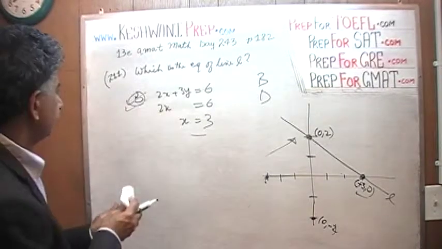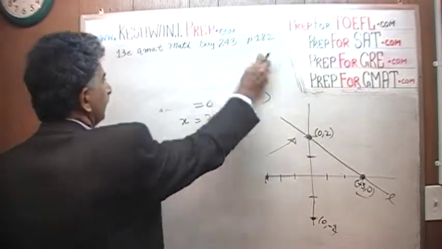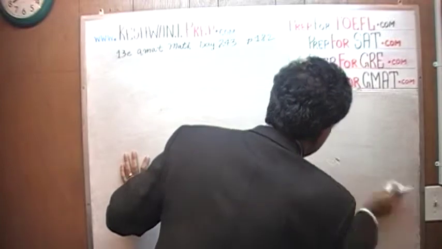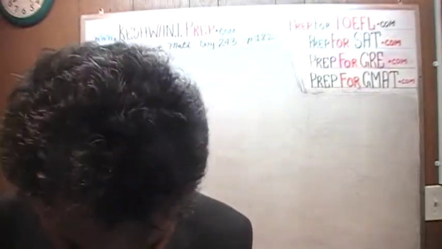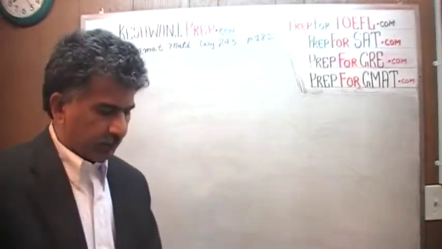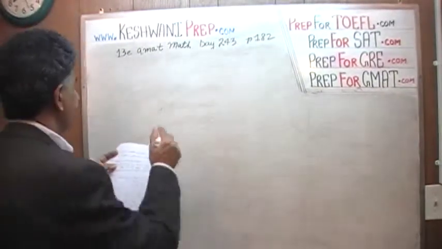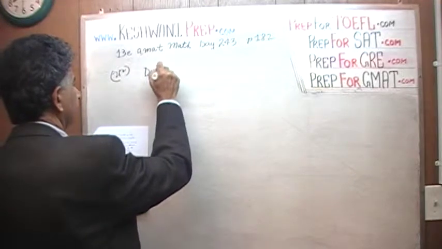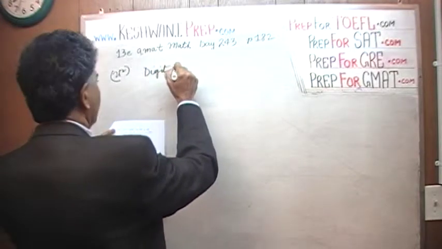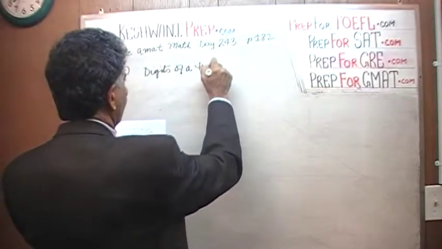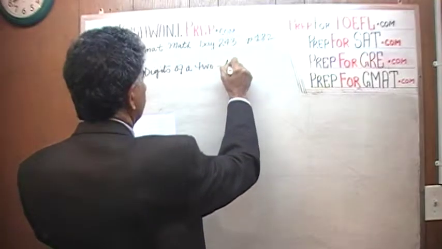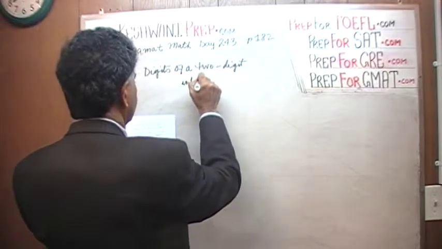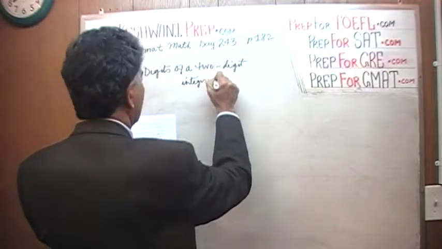In the next problem, problem number 212, they say digits of 2-digit integers are reversed.